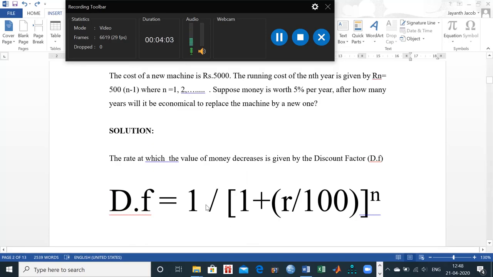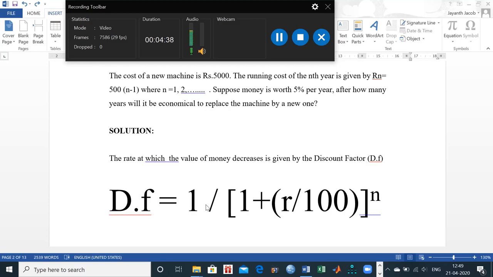Now there are just a couple of observations that I thought we should have a look at. In our problems we have the running costs and we have the scrap value or the salvage costs. When we use this discount factor formula on the running costs, the formula should read as 1 divided by (1 plus r by 100) to the power of n minus 1.